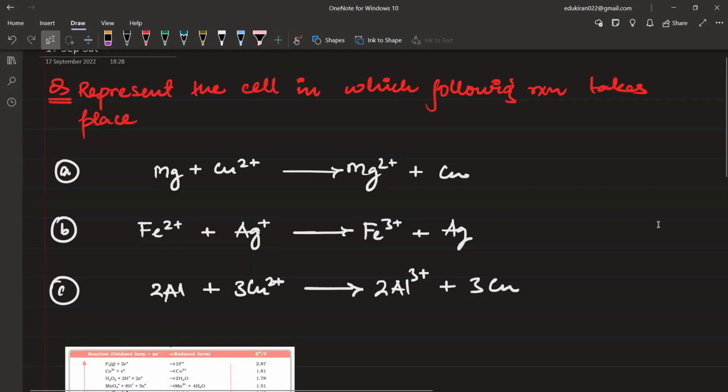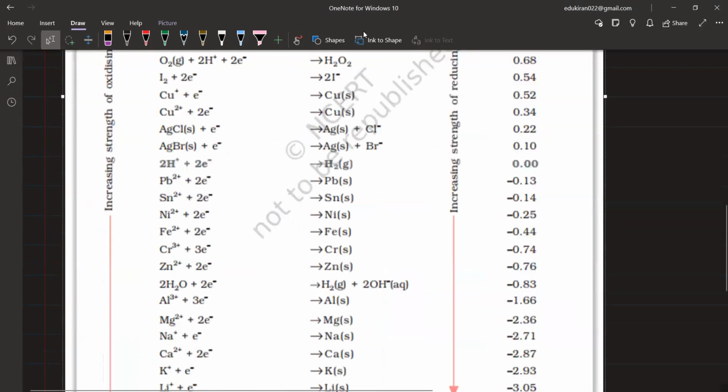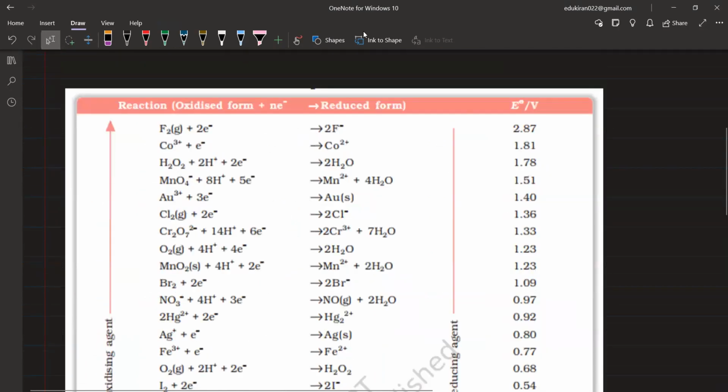Like, for example, what is happening? First of all, you have to think in terms of, is it reduction or oxidation? What is happening here? The first one, for fluorine. Reduction or oxidation, please tell me. Is it losing electron or is it gaining electron? Start with fluorine and look at fluorine here.